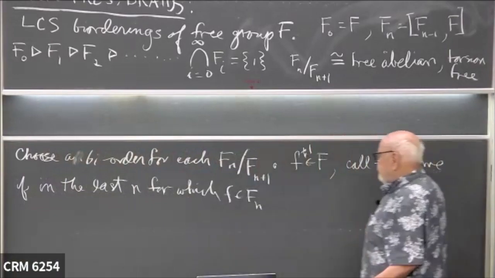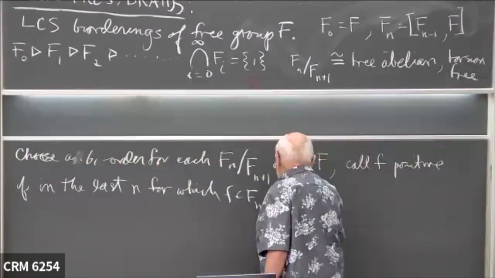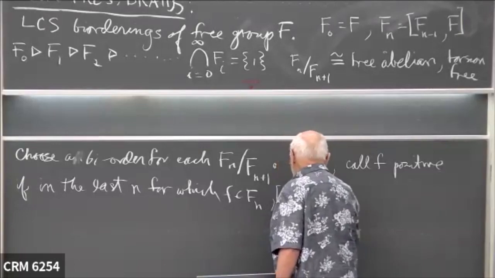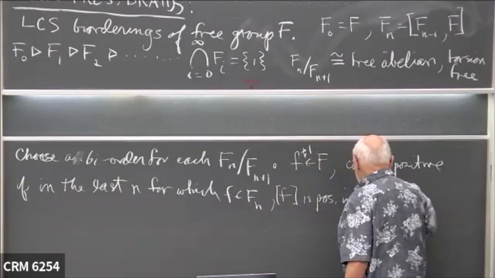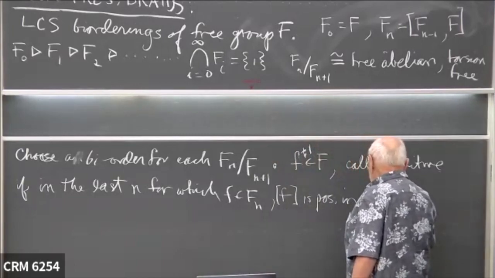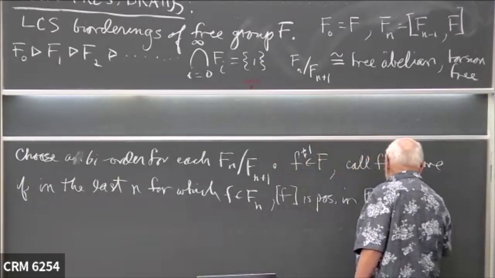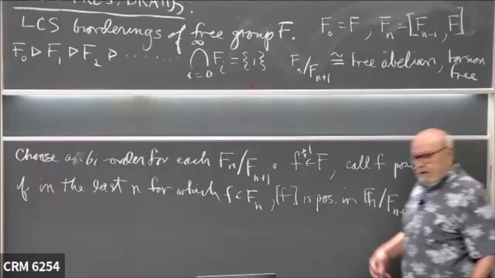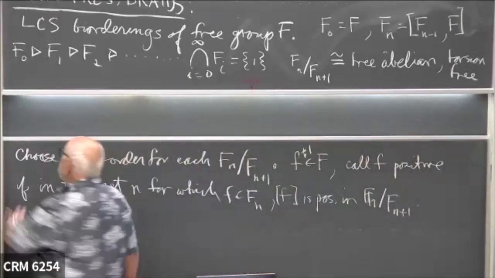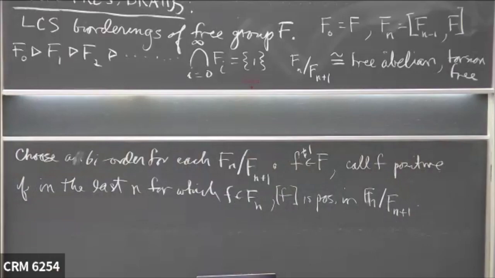You take the last n for which f is in Fn, and call f positive if its class is positive in the chosen order of Fn mod Fn plus 1. So this is one class of orderings of the free group. There are many, many others, but there's already uncountably many of these.